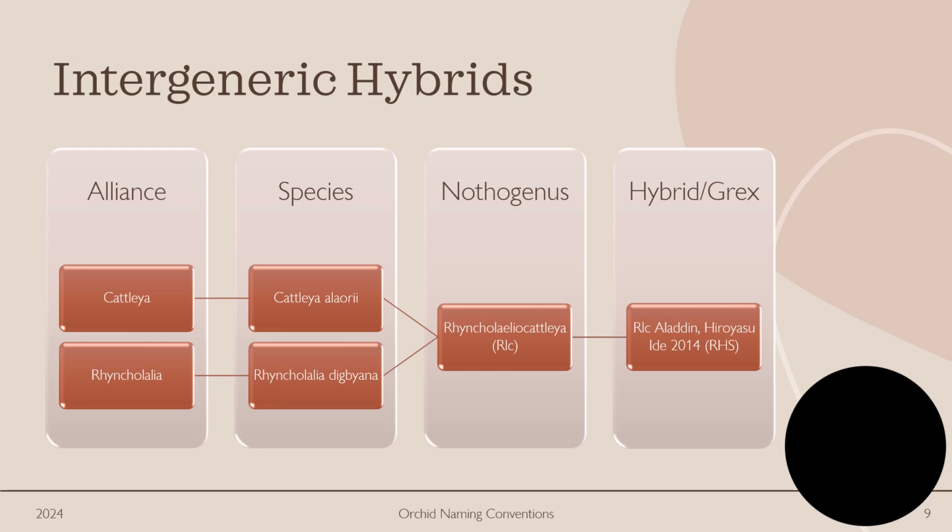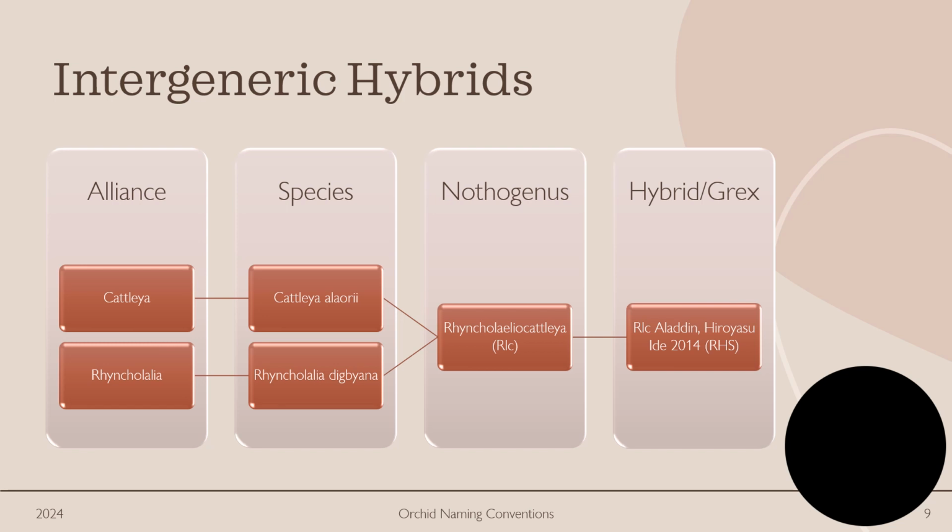So here's an example of a nothogenus. We take from the alliance Cattleya and Rhyncholaelia, and the two species from there are Cattleya aloii and Rhyncholaelia digbyana. When they're crossed together, that creates a nothogenus, which is Rhyncholaeliocattleya.